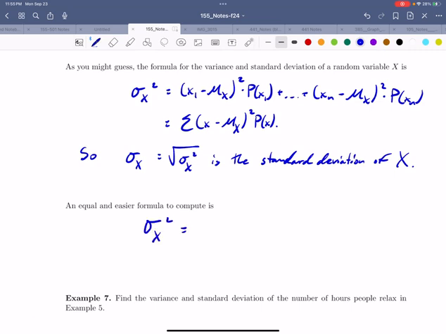Sigma squared. I'll do the sigma squared first. I could even show this to you in class or on a separate video. It wouldn't take very long. It winds up being x1 squared p of x1 plus blah blah blah plus xn squared times p of xn, and it winds up being minus the expected value squared.